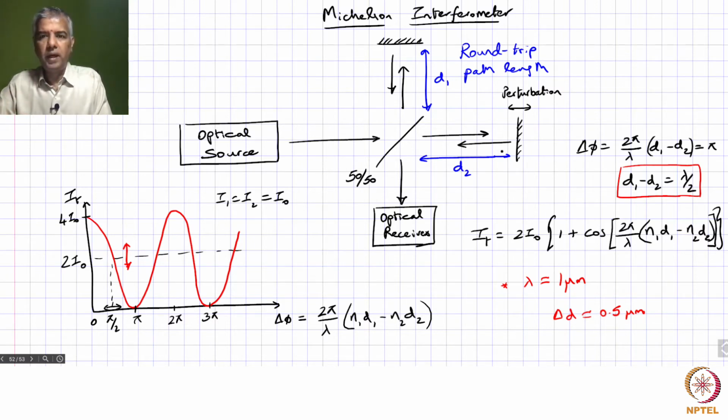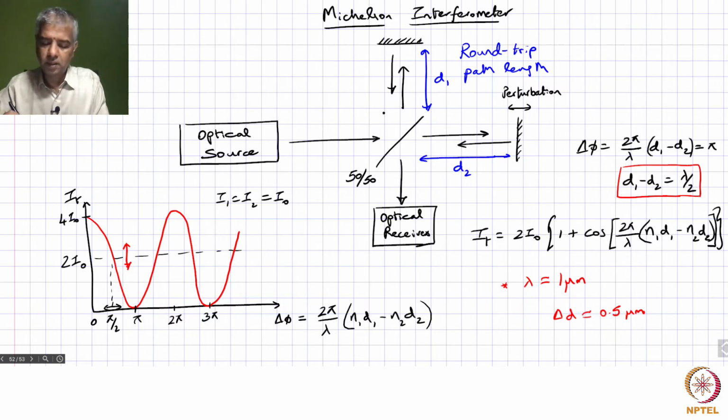One possible way of addressing that is by going to an all fiber setup instead of this setup where it's all alignment sensitive. You need to put the beam splitter in the right place, you need to put the mirror in the right place, and then fold it back, make sure you're getting collinear beams all across, and then you need to maintain it that way.